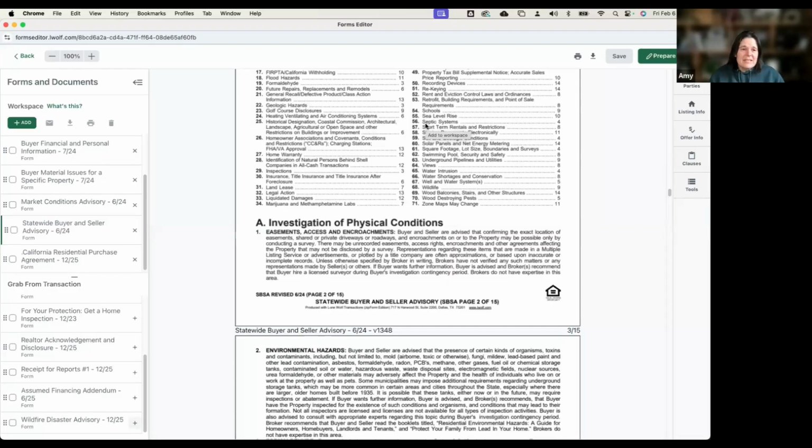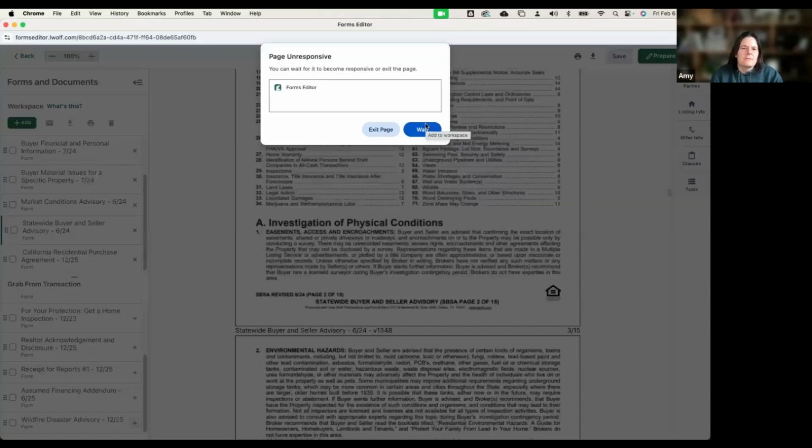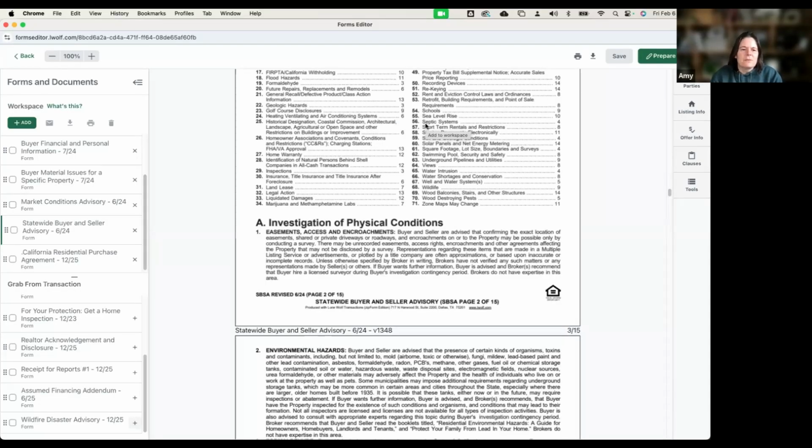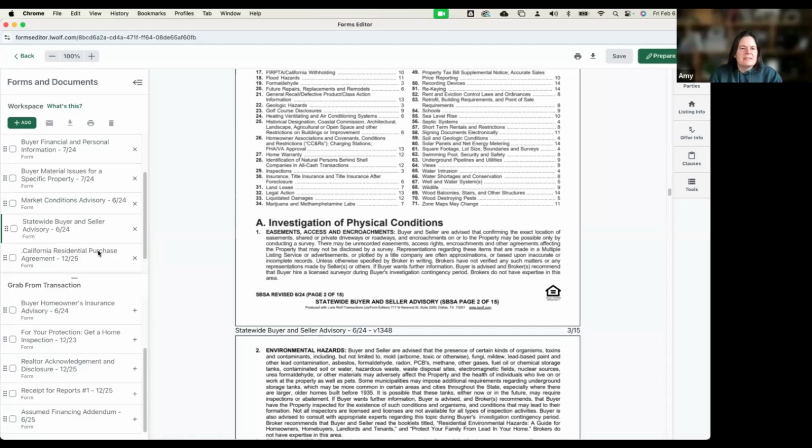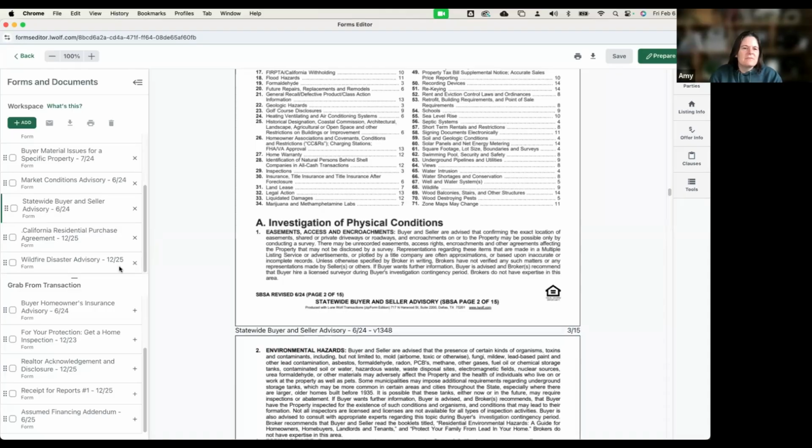It may be difficult to obtain insurance. You should look into your insurance at the very beginning of the transaction, right? So we're just drawing their attention to the fact that there could be wildfires. We're just going to wait patiently for forms to come back online. There we go. So that is the wildfire disaster advisory.